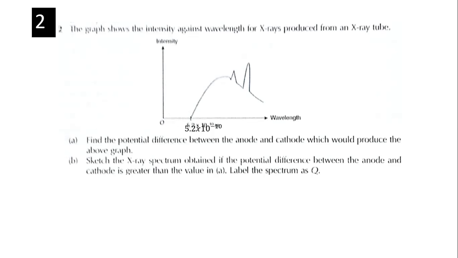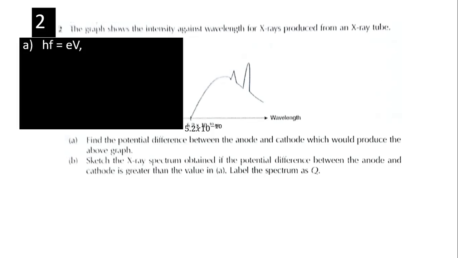Okay, how to calculate? What formula to use? Lambda equals HC over EV, so V equals HC over E lambda. Right, the accelerating voltage equals your photon energy. Then calculate it out.